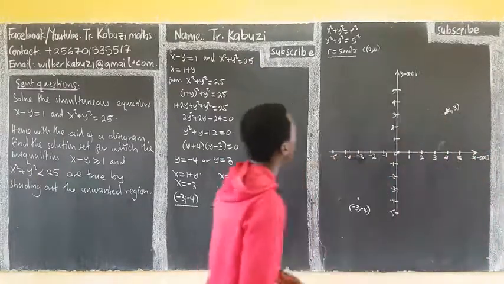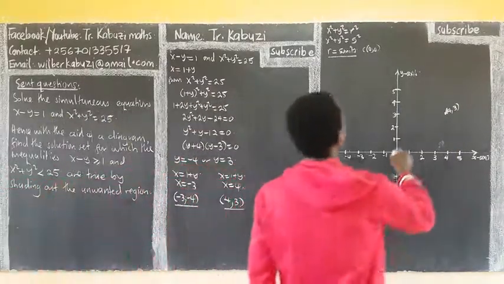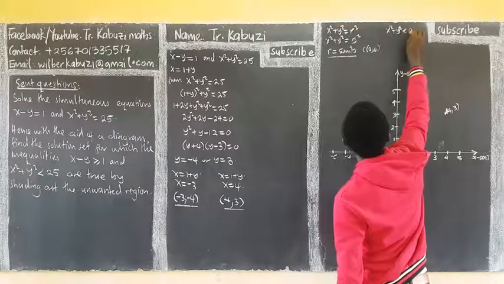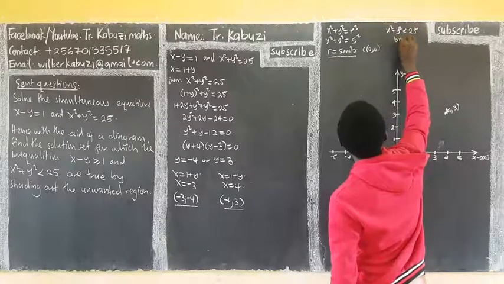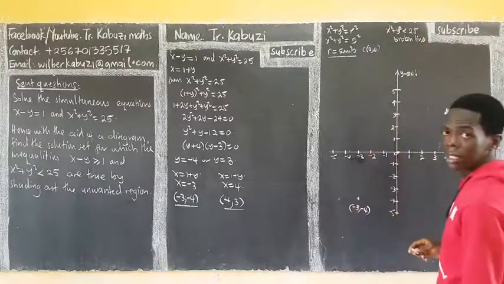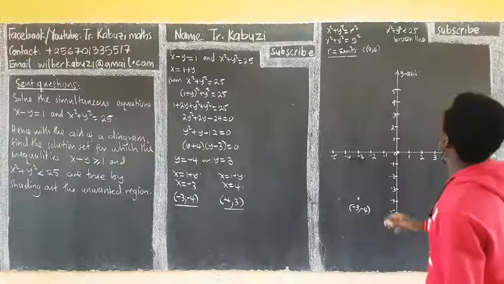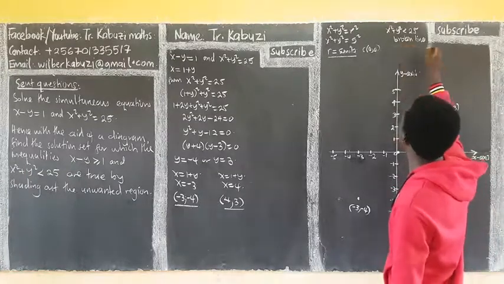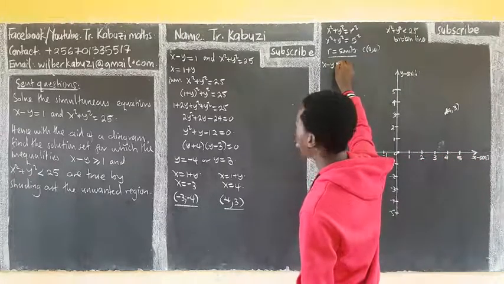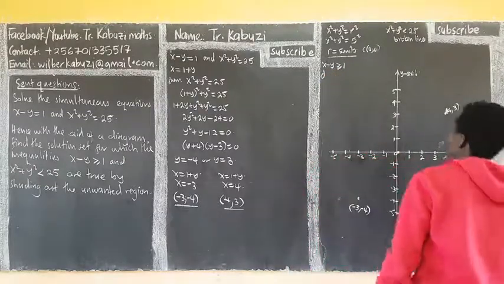But now here, we base on the sign. You see, our inequality is x squared plus y squared less than 25. So this one we use dotted lines. Then for x minus y greater than or equal to 1, here we use solid lines.